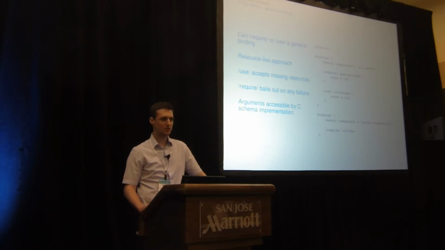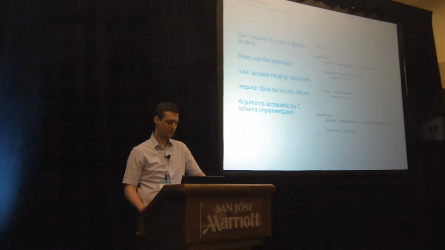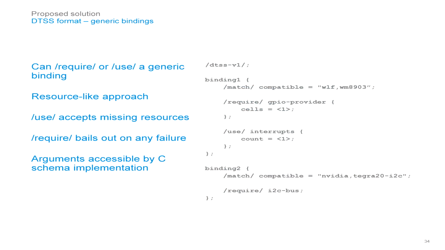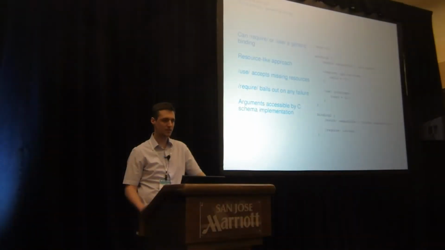Now the most important feature is referencing generic bindings from the DTSS schema file. There are 2 keywords, require and use, that can trigger calling the C code responsible to validate a generic binding directly from the DTSS file.